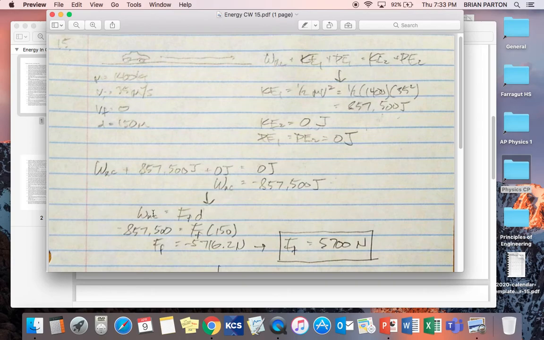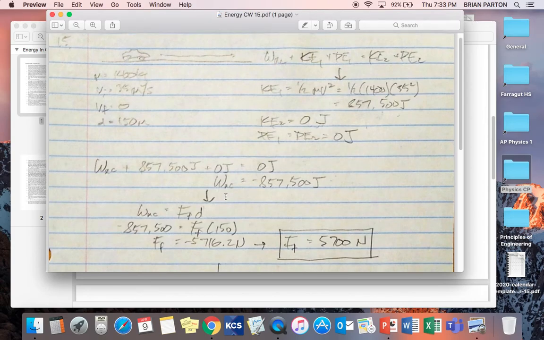So I can go back to my work equals F times d formula, where F is my friction force due to the braking that's occurring over 150 meters. So I get a frictional force of about negative 5716.2. I'm going to round that off to 5,700 newtons for sig figs. Now that's one way I could solve that.